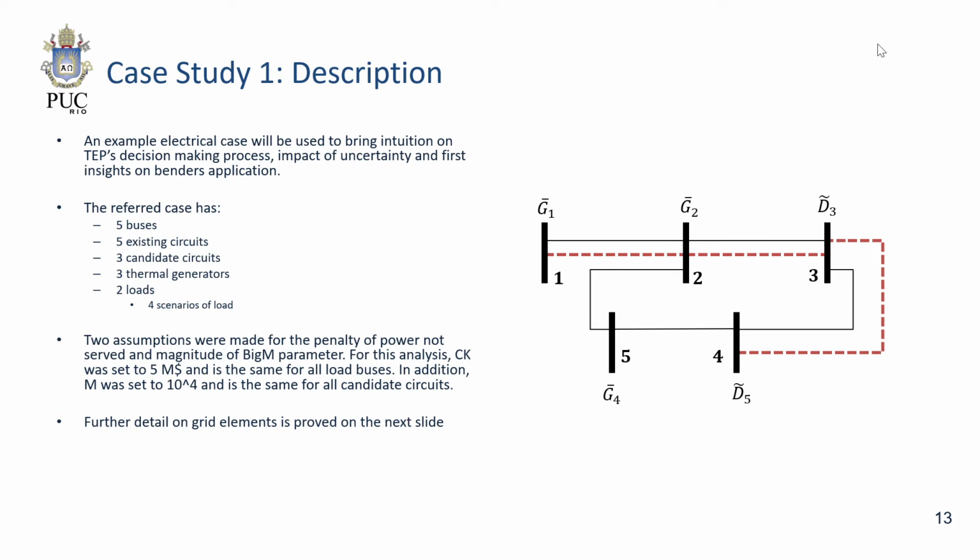We are also assuming that we have a penalty for deficit in order to avoid deficit, and it's a really expensive penalty, 5 million. And also the big M, we are setting it to 10 to the 4th in order to solve it.